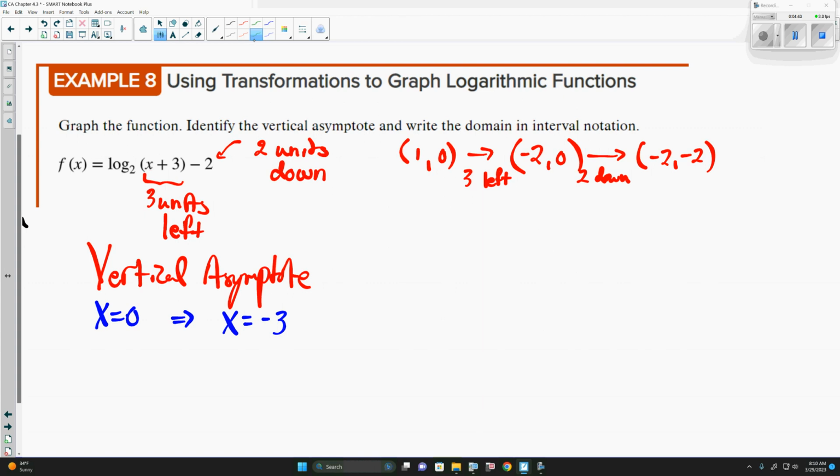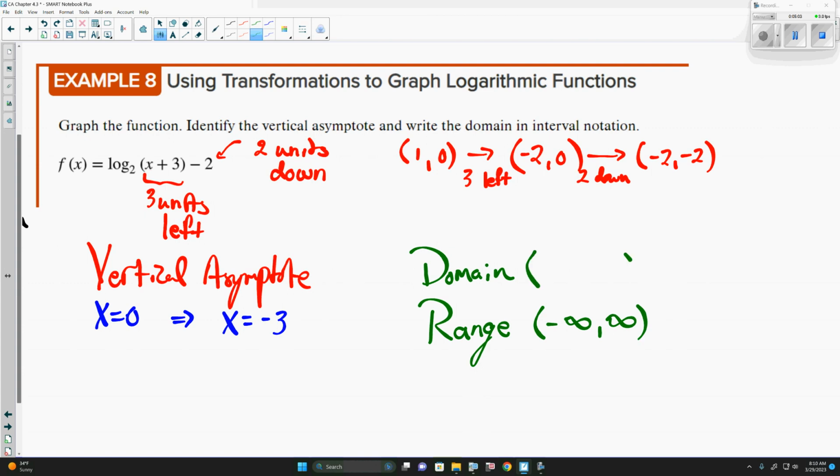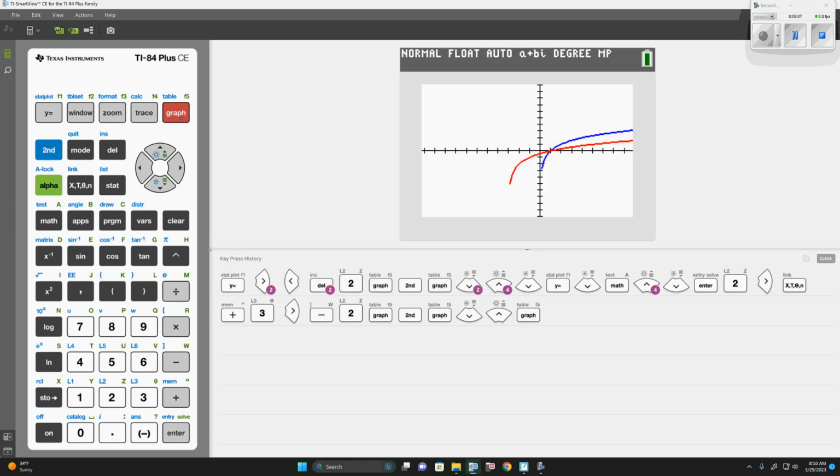And the last thing we have is domain and range. Now the range is still going to be -∞ to infinity. All real numbers. Now, if we look at the domain, the graph of our red function here, we do see that it goes off to the right.